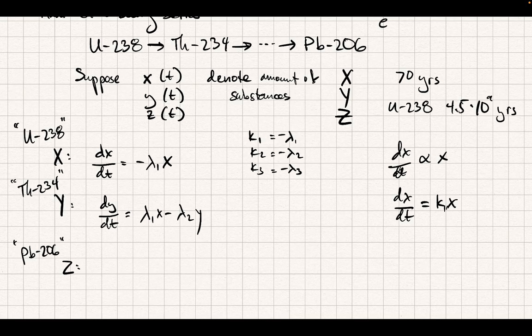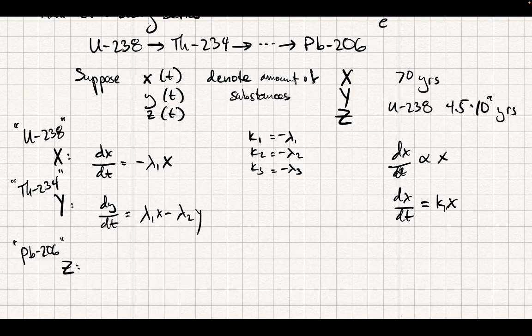So the idea for Z is it's the last in the chain. It's stable. It's not decaying. Okay, so even if it wasn't, even if we did have a chain of like 5, it's always the rate of change of the previous one, right? The previous ones add to it, and it decreases from its own decay.